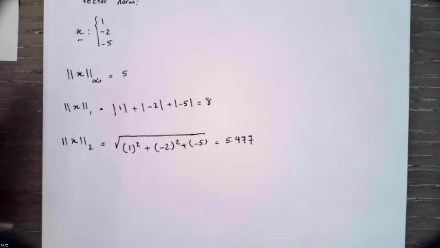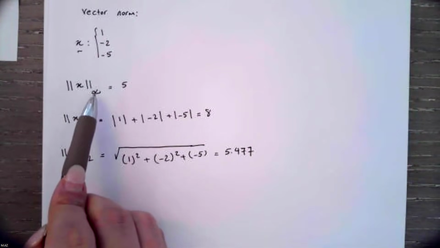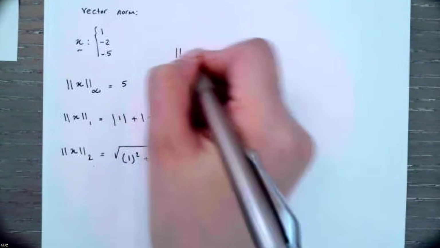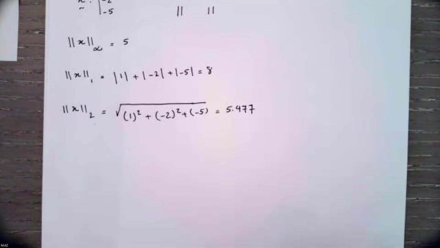Okay, this is about the vector norm. The subscript shows which type of norm we are talking about, and this is the sign of the norms. Another thing we have to know is the matrix norm.